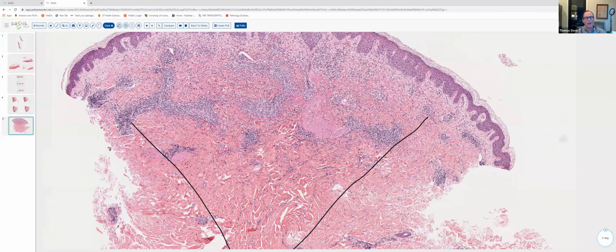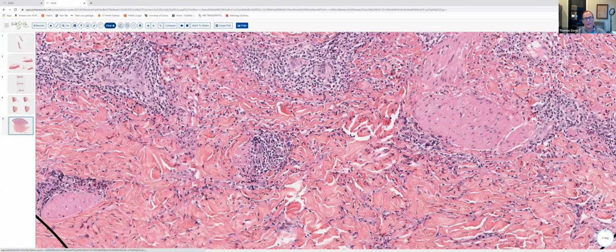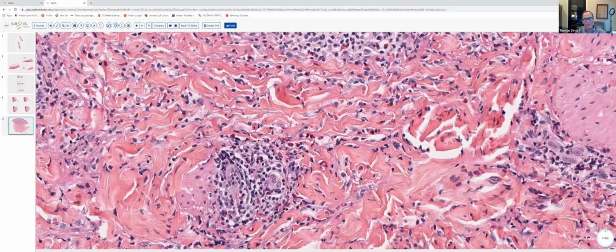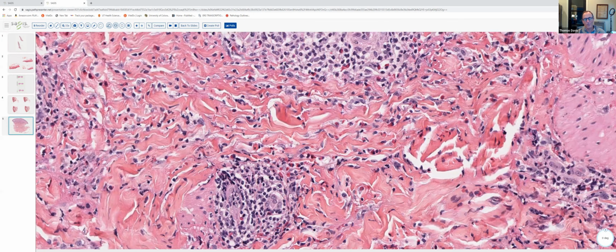If we go down and take a look at the inflammatory cells in these sections, we can see that we've got lymphocytes around the vessels. There are clearly a few histiocytes here with larger nuclei and a more open chromatin pattern. And there are numerous eosinophils present not only around the vessels, but also located interstitially between collagen bundles.